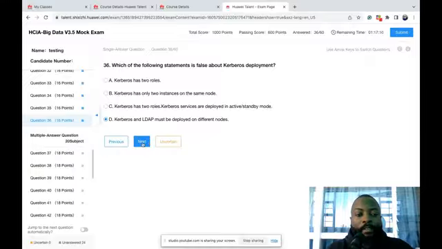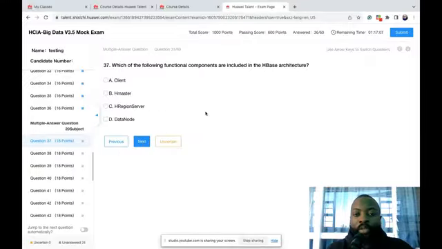Which of the following functional components are included in the HBase architecture? Now, in this case, you see we have a multiple answer question, which means the answer can be more than one. In HBase we have a client, an HMaster, and also an HRegionServer. The DataNode is more in HDFS. Okay.